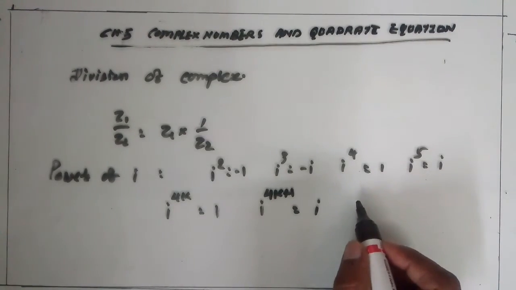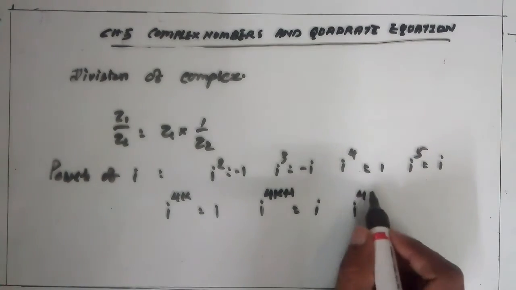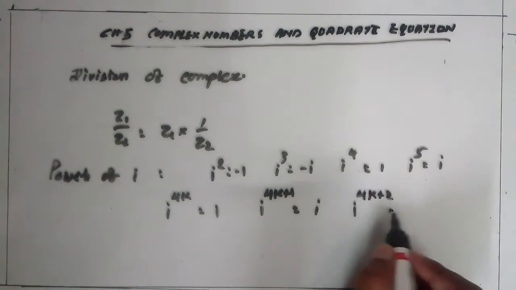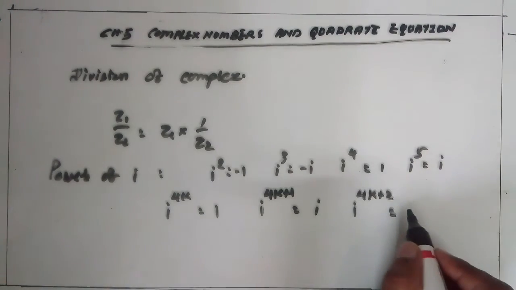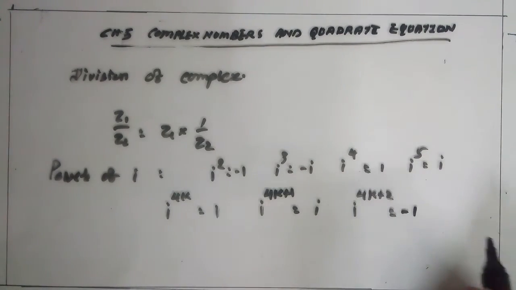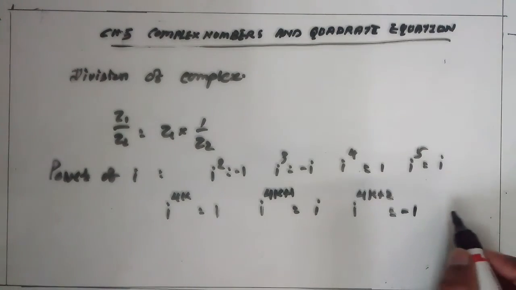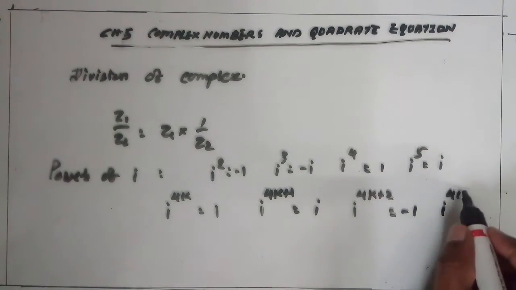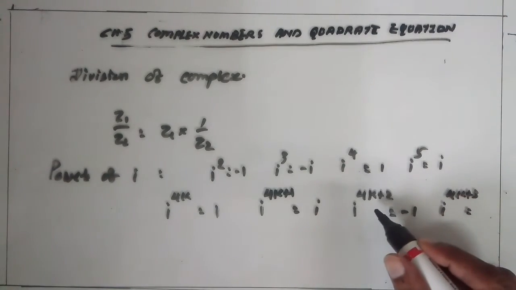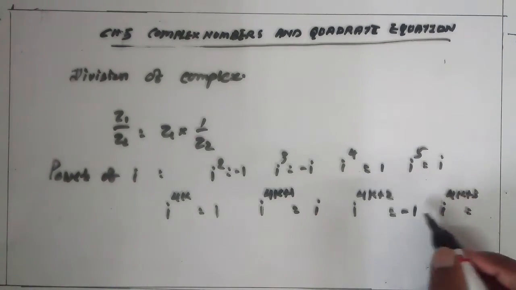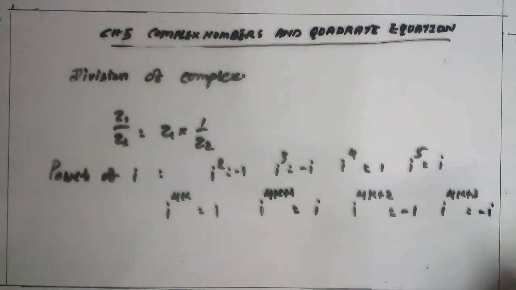And i^(4k+2) is equal to i^4k into i^2, i^2 equals minus 1, so it becomes minus 1. And i^(4k+3) is equal to i^(4k+2) into i, which becomes minus i. Clear?